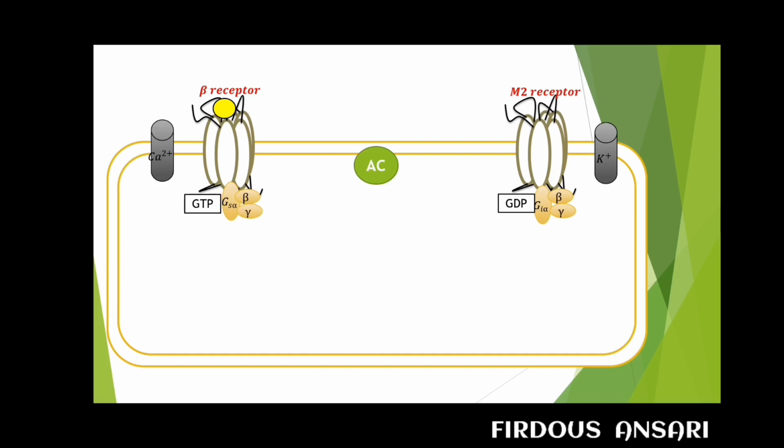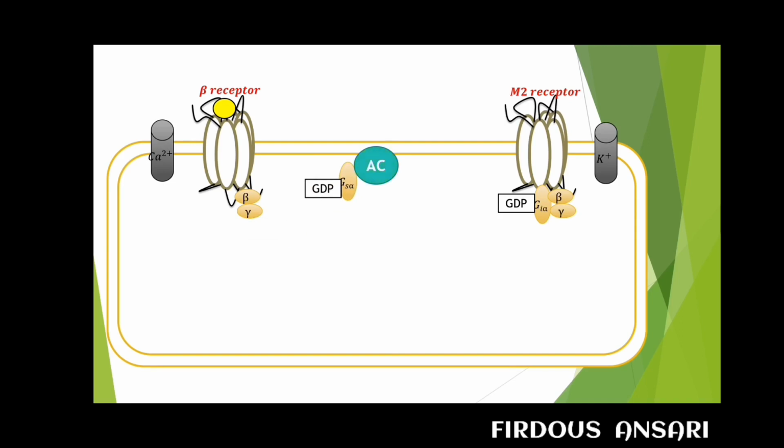The very first event following the ligand binding is that GDP, guanosine diphosphate, will be replaced by guanosine triphosphate. Next, this GTP along with the alpha subunit will move to the adenylyl cyclase enzyme, which is our effector, and it will cause activation of this enzyme.